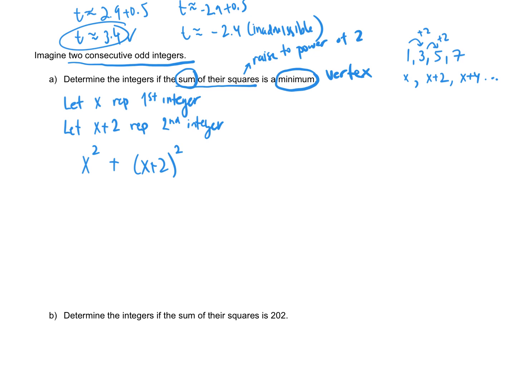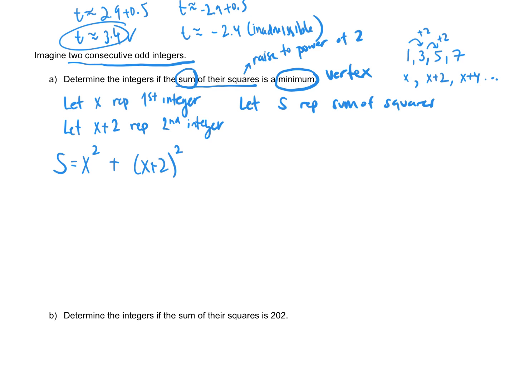So this is going to equal, I'm just going to say s for sum of squares. So actually I'm going to add another let statement. Let s represent sum of squares. And because I'm looking for the vertex here, I'm not going to replace the sum of squares with a particular number because I'm not solving this equation. I'm just going to manipulate it so I can find that vertex.